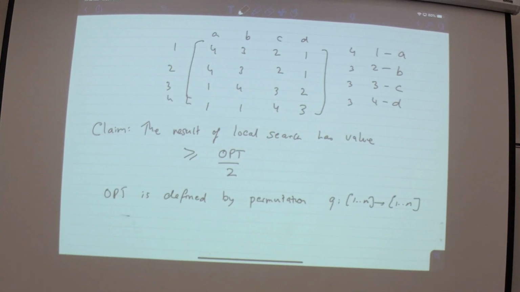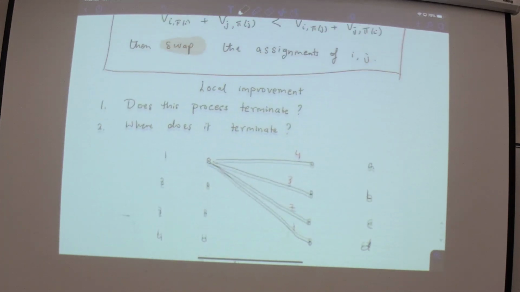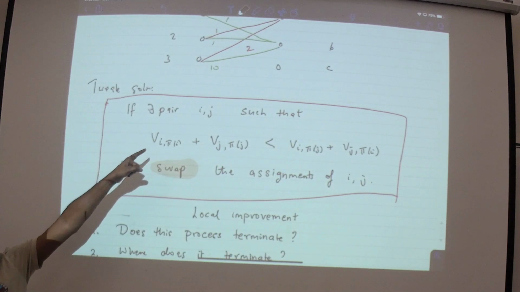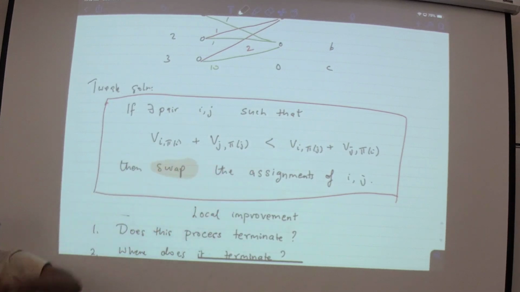So in the optimal solution, the person i is mapped to the gift Q of i. And remember the local search property that we have: for every pair of people, we know that the opposite of this is true, that this is greater than or equal to that. Swapping does not help, because that's where we stopped. So we're going to use that property. So far so good?